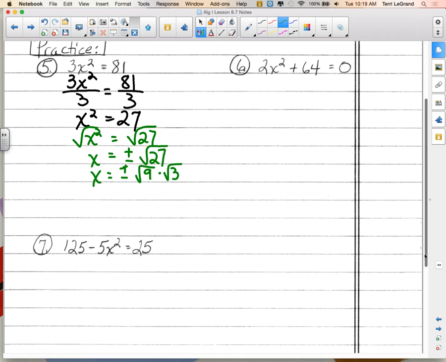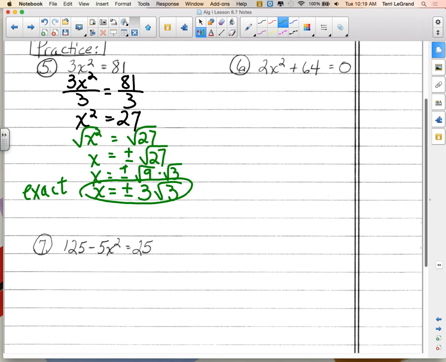So now we can say that x equals positive or negative 3 radical 3. The square root of 9 becomes 3. There's no more radical sign there. But the square root of 3 can't be changed anymore. We call this the exact answer.